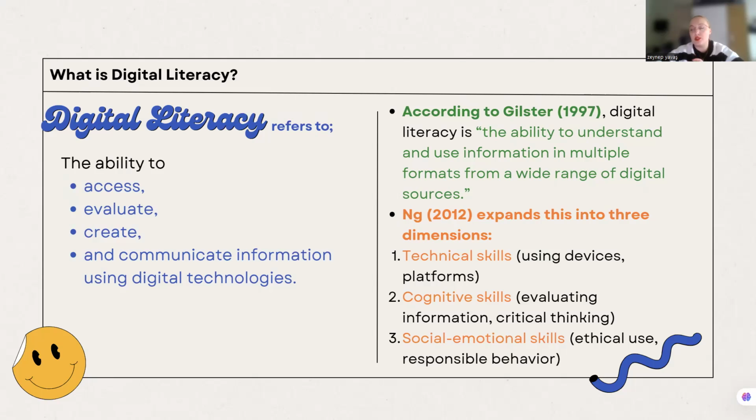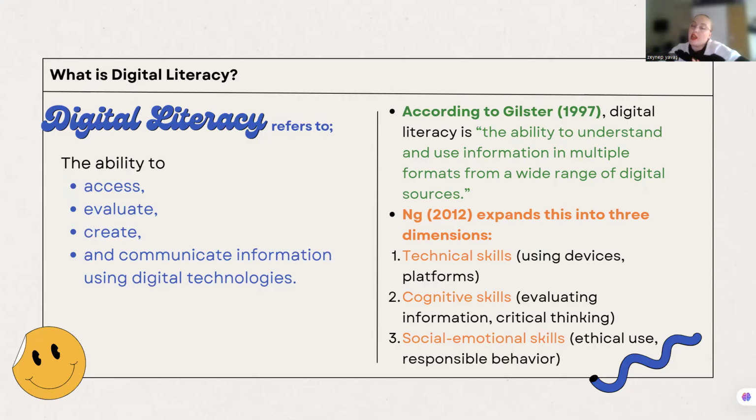Gilster, one of the first researchers who used this term, explains digital literacy as the ability to understand and use information in multiple formats from a wide range of digital sources. Later, Ng expanded this definition and introduced three dimensions.